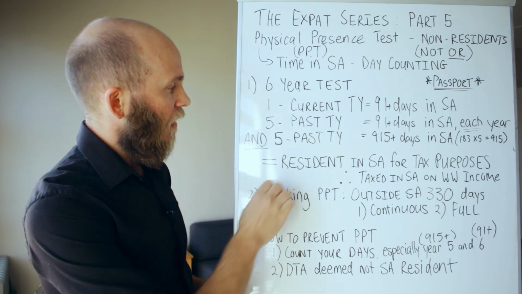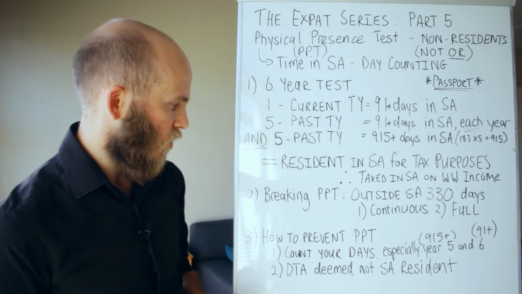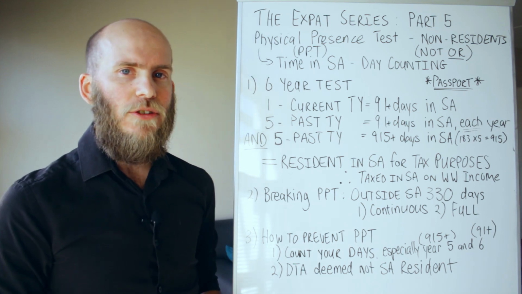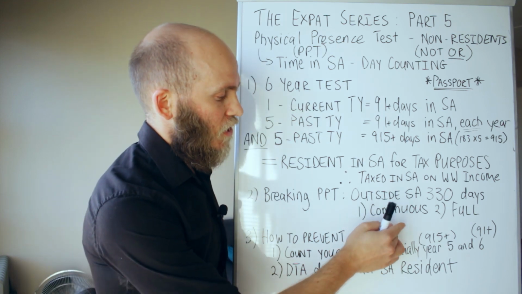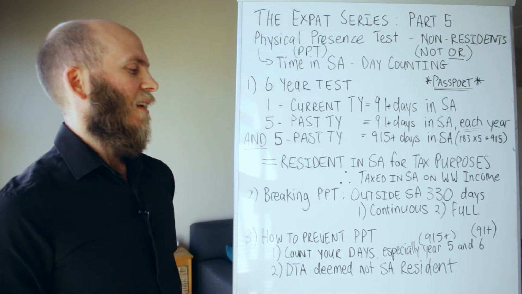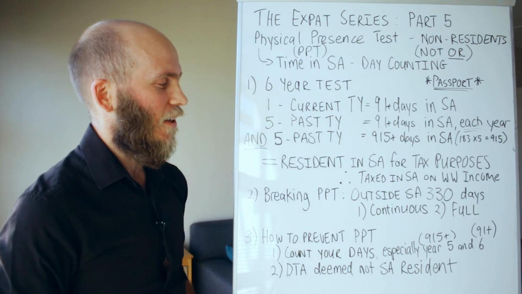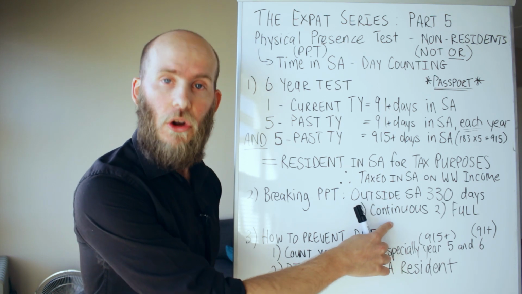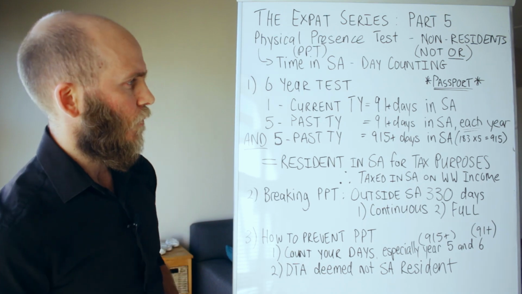In order to break the physical presence test that makes you resident in South Africa for tax purposes, you have to be outside South Africa for more than 330 days. And very important, those days outside of South Africa must be 330 days or more, and it must be, number 1, continuous, and number 2, full days, 24-hour days.